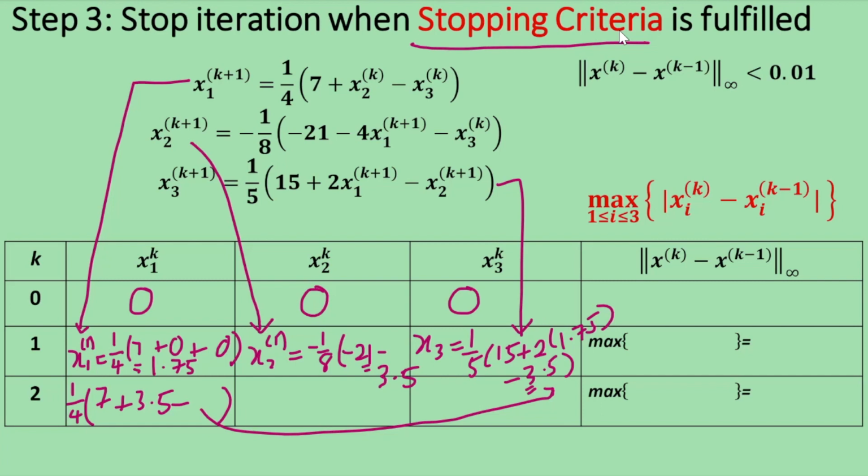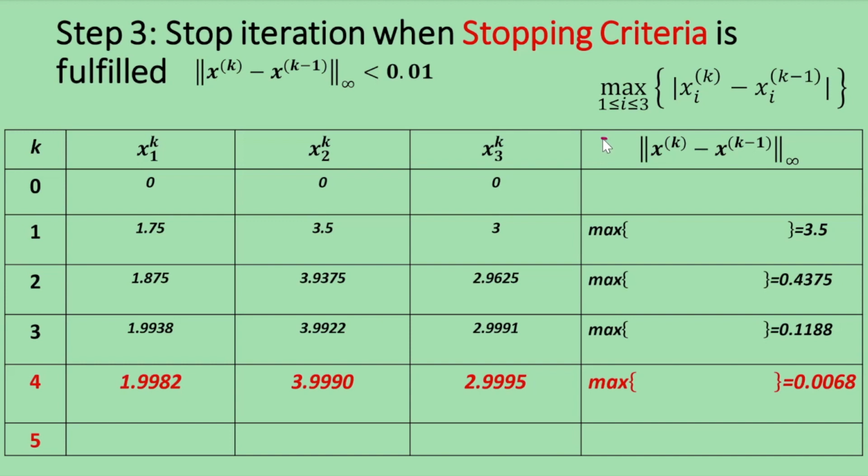Now I would explain what is the meaning of stopping criteria. So your stopping criteria is the infinity norm of x of k minus x of k minus 1. Now the infinity norm of a vector is the maximum of the absolute values of its components. In this case, the components would be the current x value minus the previous x value.